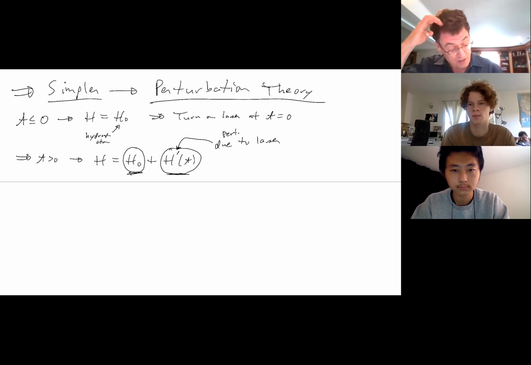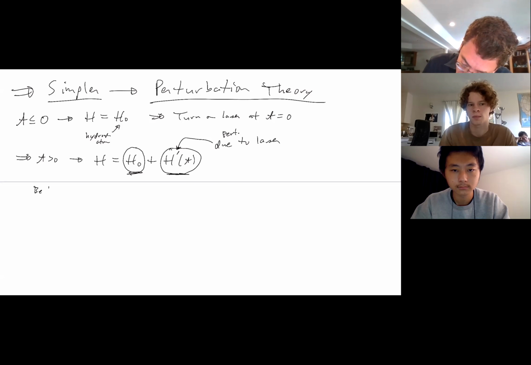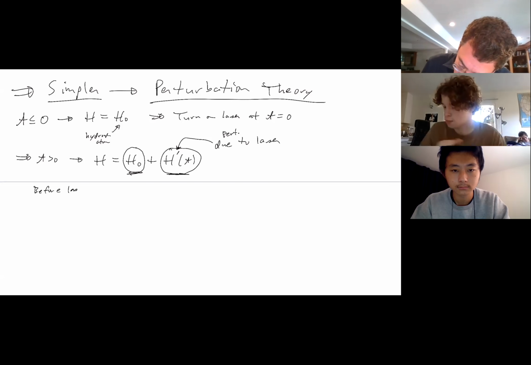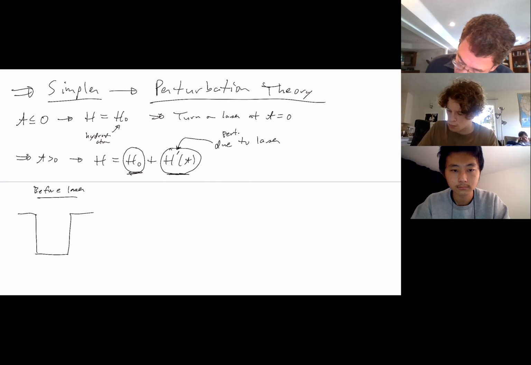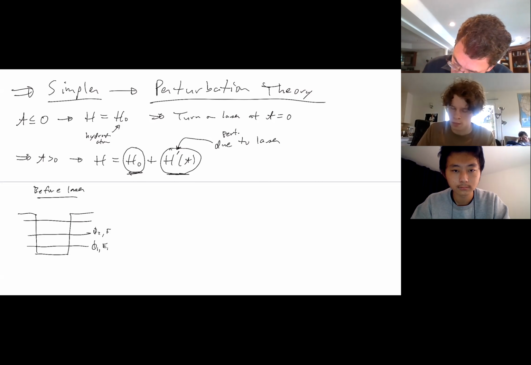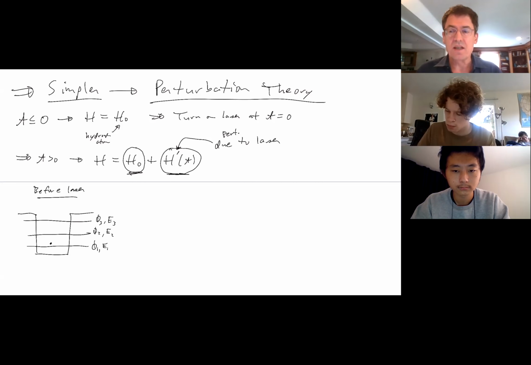So let's think about it for a second. Let me give you a sense of what I'm talking about. Before the laser is turned on, my atom is just sitting in some eigenstates, with their energies. And it's happily sitting in an eigenstate.